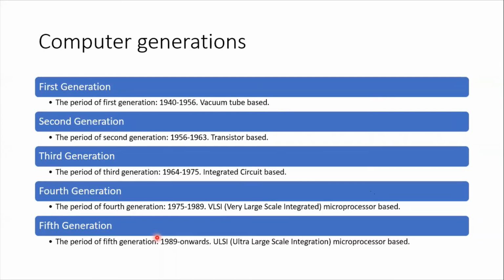There are five main generations in the computer world: first generation, second generation, third generation, fourth, and fifth, right? Again, I'm not going to spend much time on these ancient stories, but you should know the basics, the very basic components.